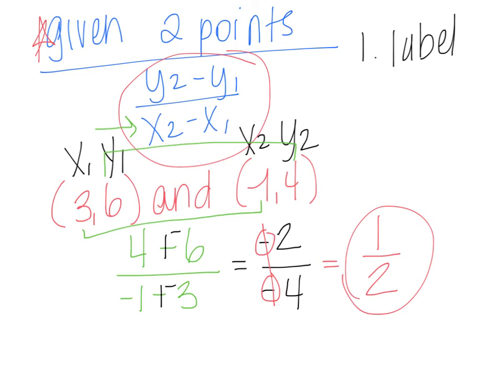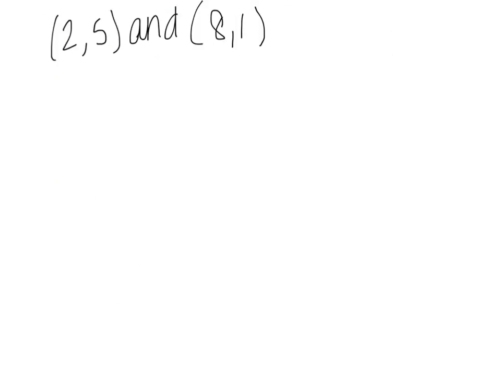Let's try one more. Okay, I want you to find the slope between the 2 points 2, 5 and 8, 1. So first I want you to start by labeling and then plugging them into your equation. Once you've done that, play the video again and compare your answer to mine. Okay, so what you should have done is x1, y1, x2, y2.